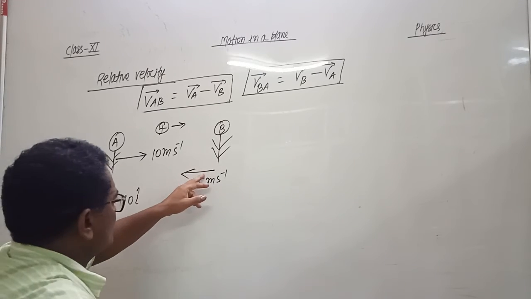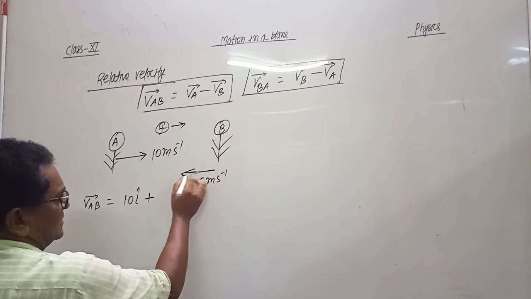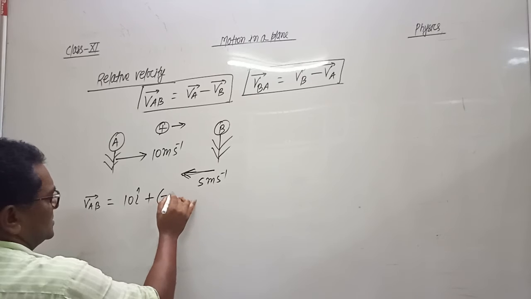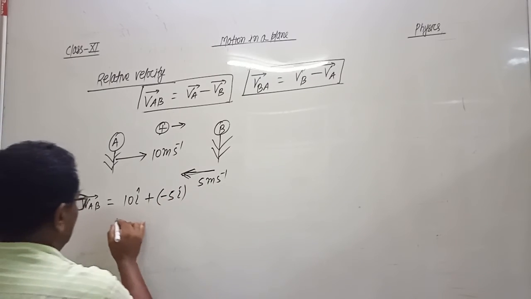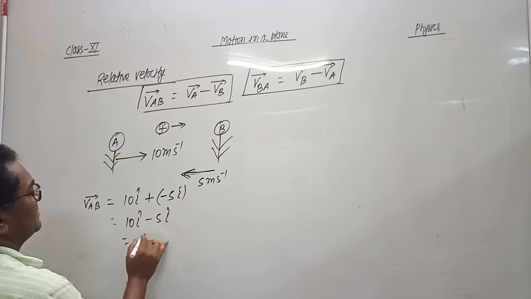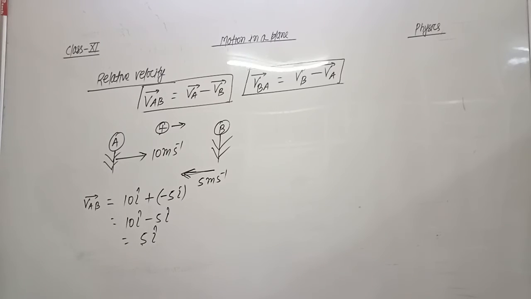Body B is moving in the opposite direction, so this becomes minus 5 i cap. So we get 10 i cap minus (minus 5 i cap)... that is, VA minus VB. This is the relative velocity of A with respect to B.